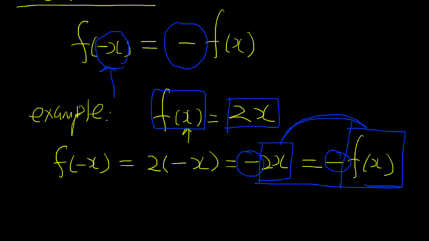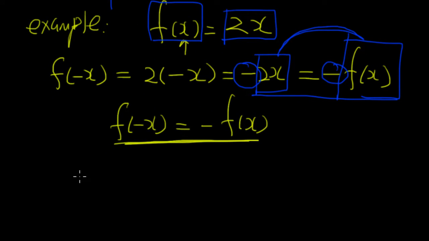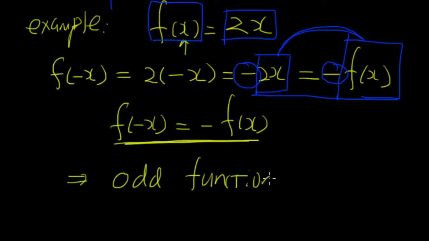So we start from f of negative x and end up having negative f of x. When we satisfy this condition, then this is odd function.